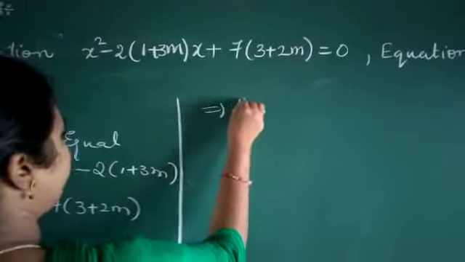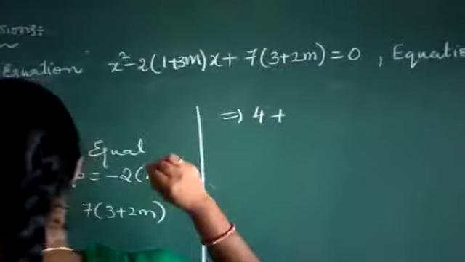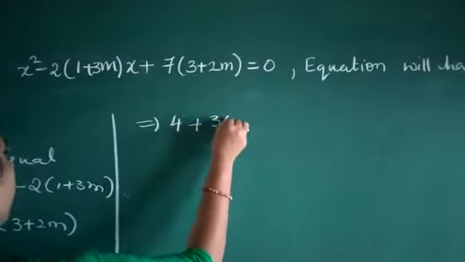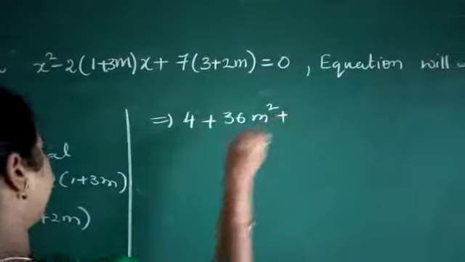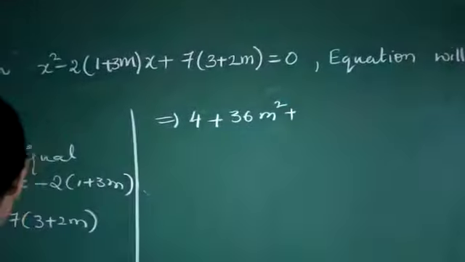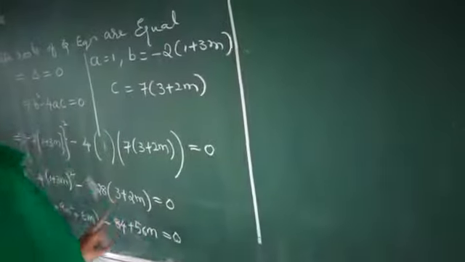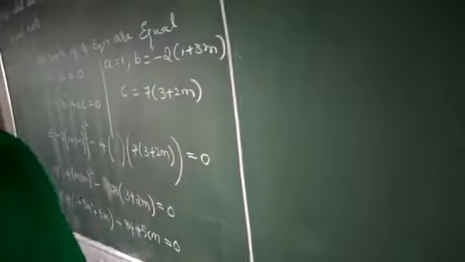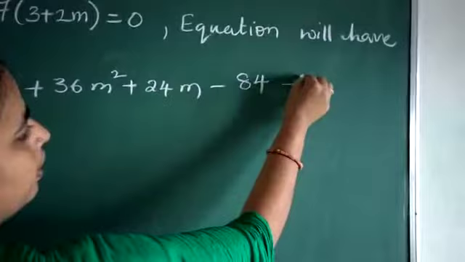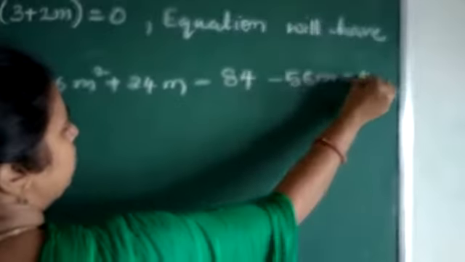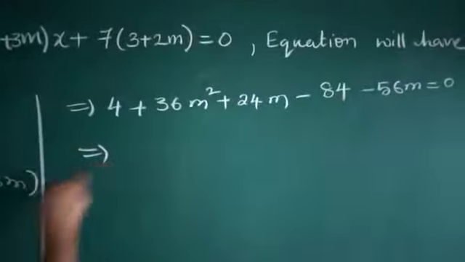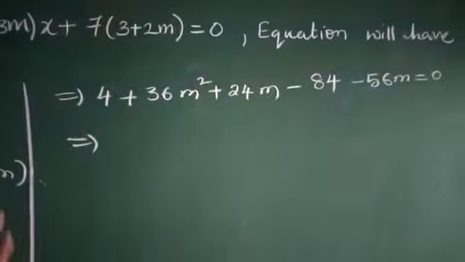Now on multiplication with the 4, 4 into 1 will be 4, plus 9 4s 36m square, plus 6 4s 24m, minus 84, here minus into plus, minus 56m equal to 0. Now first write the m square term, that will be 36m square.